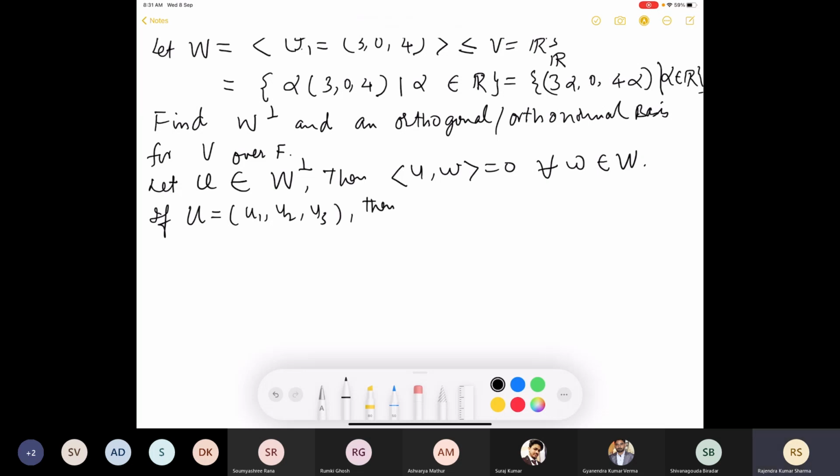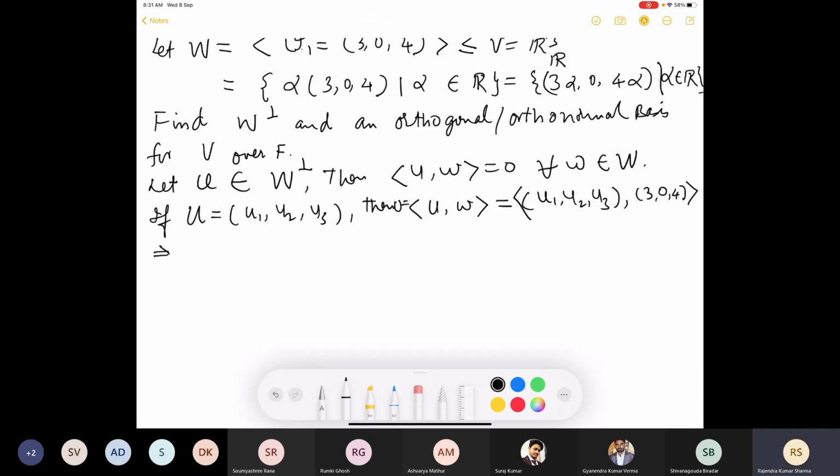Then the inner product of U with every vector in W, so the basis vector (3, 0, 4), is 0.